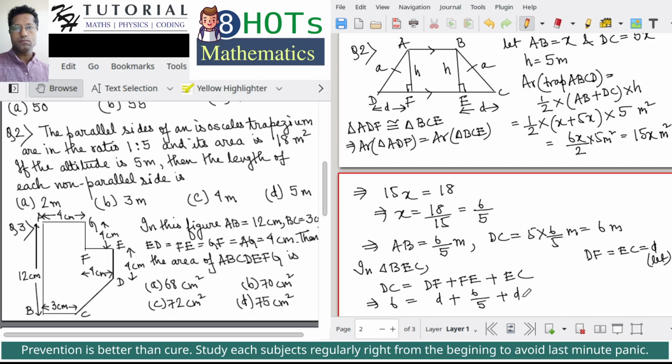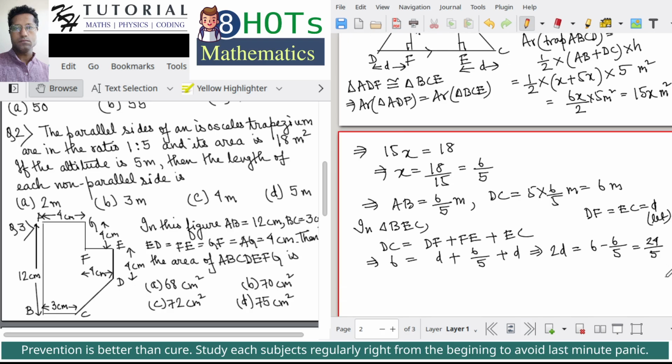So twice d is equal to 6 minus 6 by 5, which is 24 by 5. This implies d is equal to 24 by 5 multiplied by 1 by 2, which is 12 by 5. d is 12 by 5.